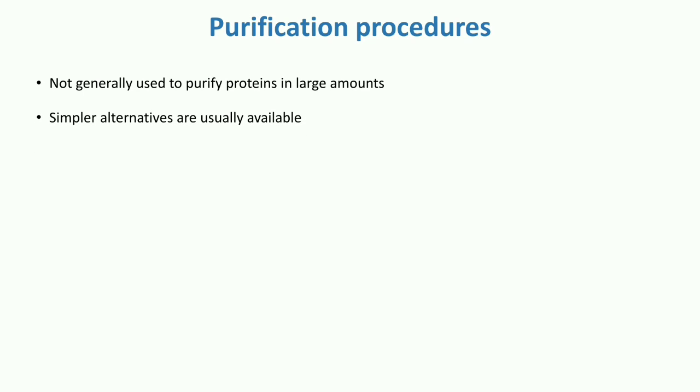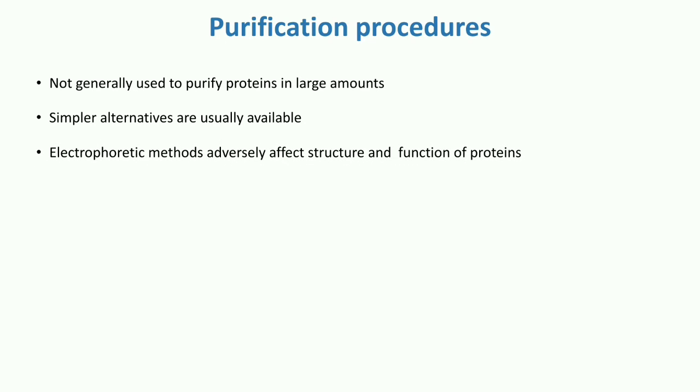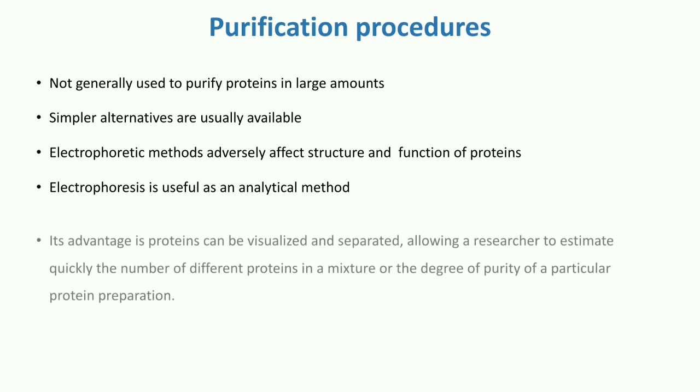Simpler alternatives are usually available. One more reason is that the electrophoretic methods adversely affect the structure of the protein. As the structure is affected, the function of the protein is also altered. So, electrophoresis is mainly used as an analytical method.